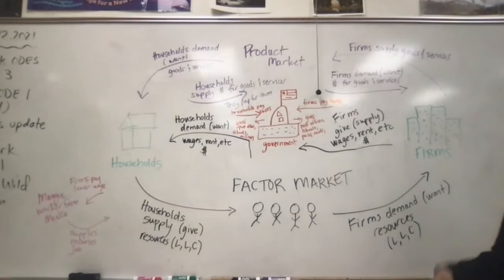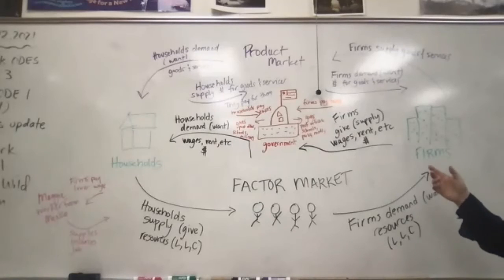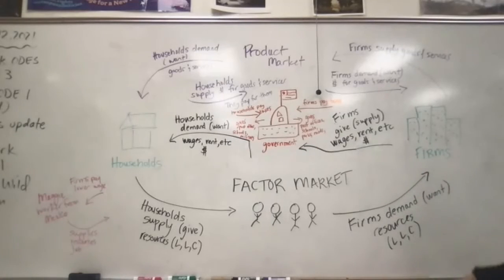The military benefits both households and firms, right? Post offices, schools, you could say, parks, maybe in some ways, right? But really the big things like that. So they're part of our circular flow too. In exchange for taxes, the government gives services.